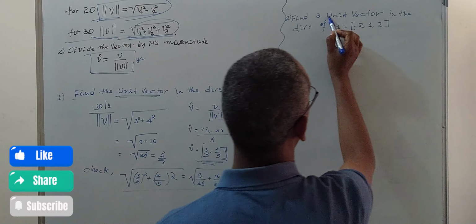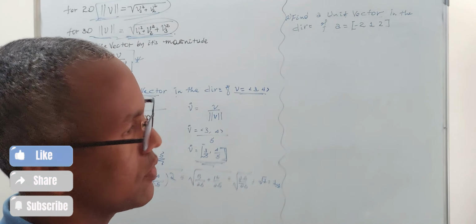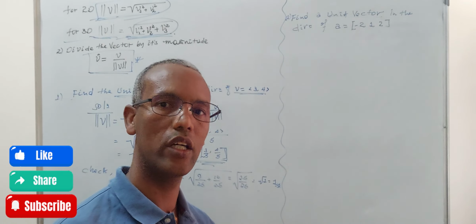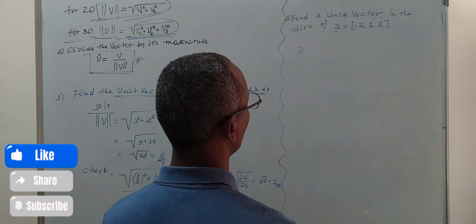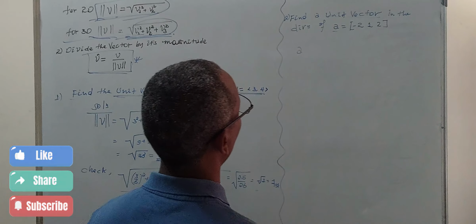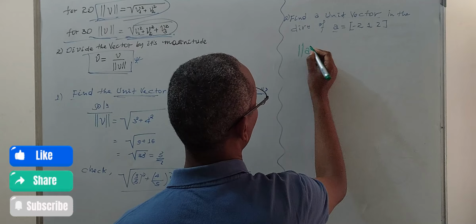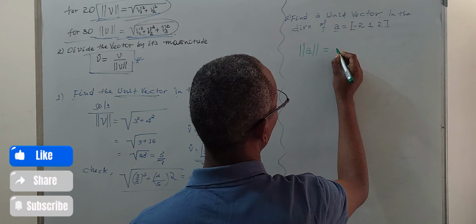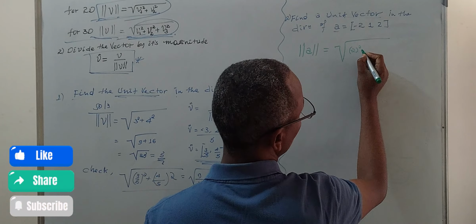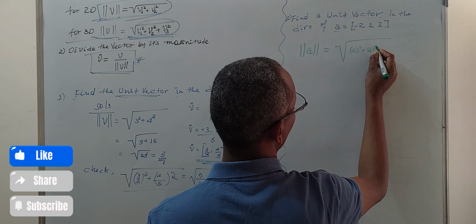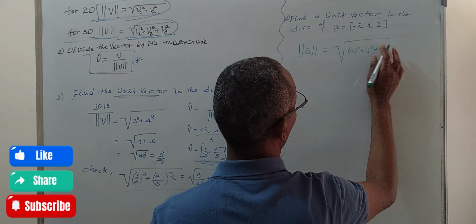To find out the unit vector, like I said, you need to just follow those two steps. First, you need to find out the magnitude of the given vector A. The magnitude of vector A is equal to the square root of (minus 2) square plus 1 square plus 2 square, right?